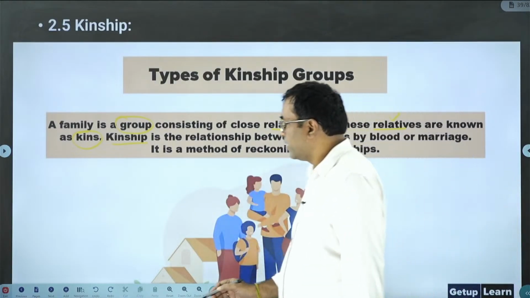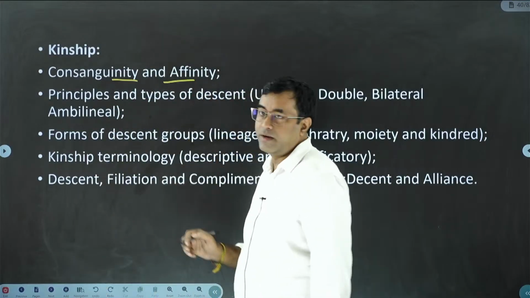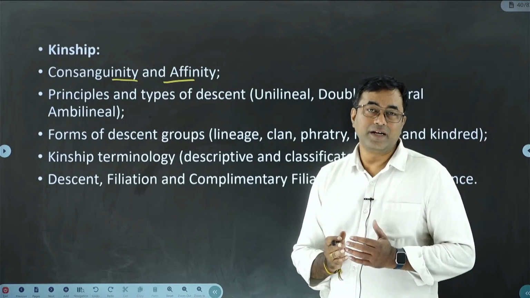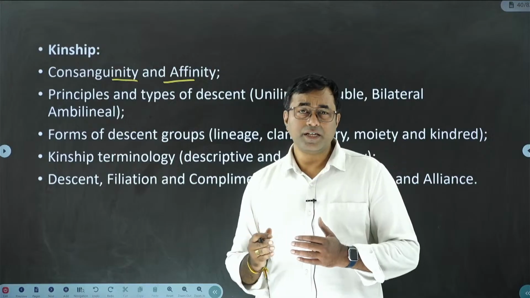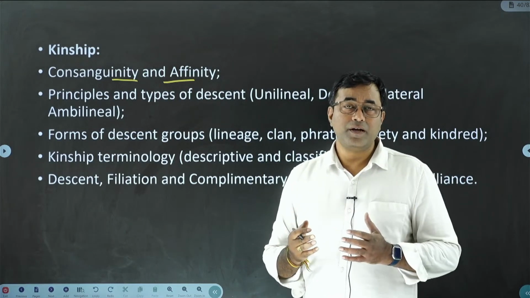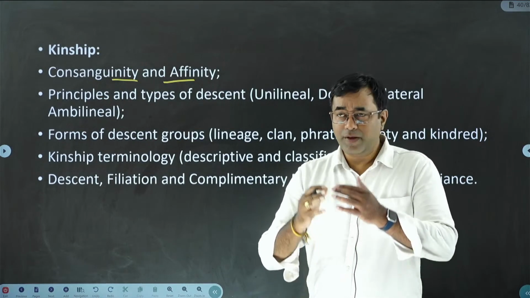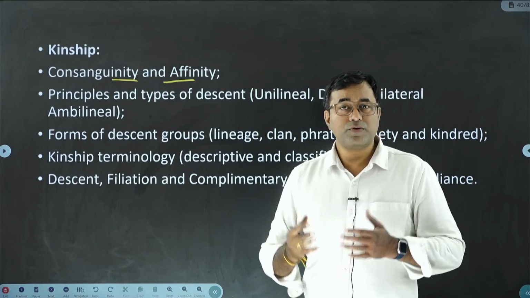In this kinship, we will try to understand consanguinity and affinity. Consanguinity means blood relatives, how they are being created, and affinity means marriage related relations, how they are being created. Different types of relations are formed with marriages or any type of rituals performed by the people. Adoption is also one of them.